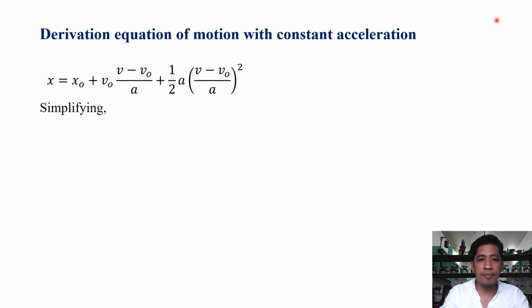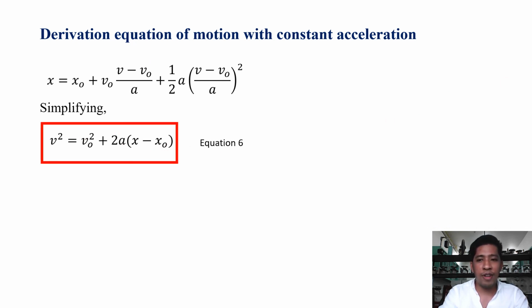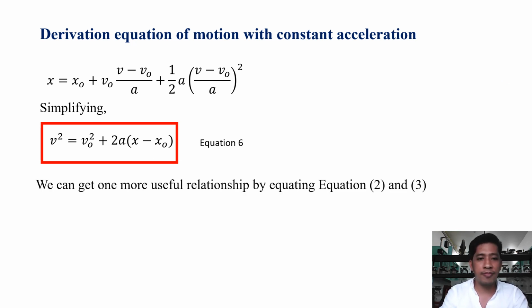Simplifying the equation, we get v squared is equal to v0 squared plus 2a times x minus x0. Please verify by playing with the algebra that indeed this equation becomes this equation here. And we'll refer to this one as equation 6. This is the third equation of motion for constant acceleration.